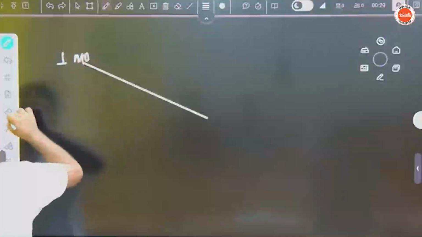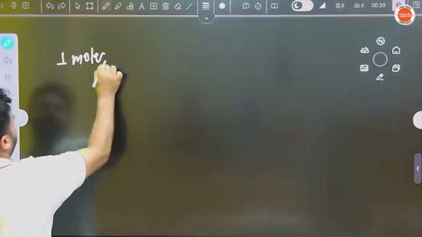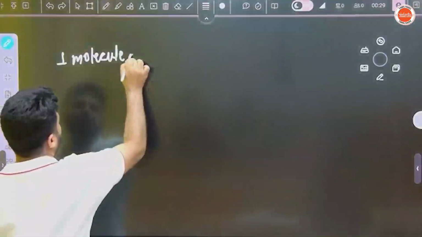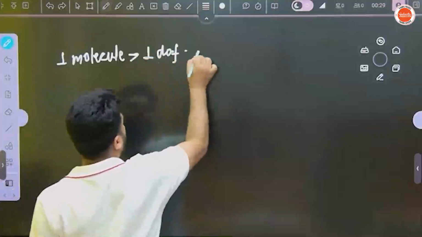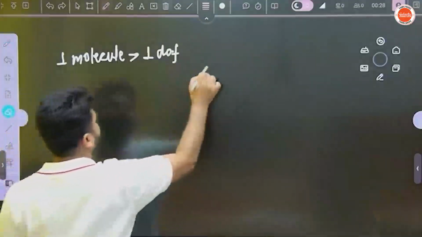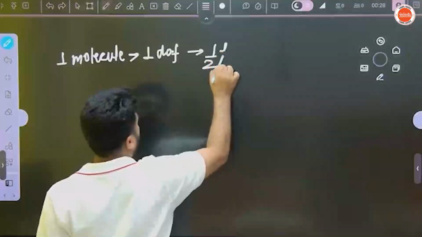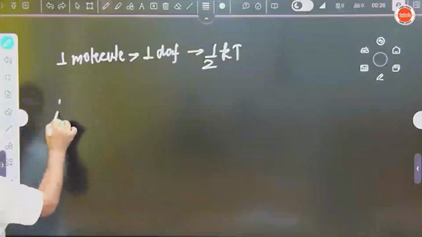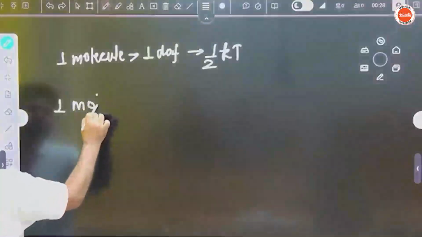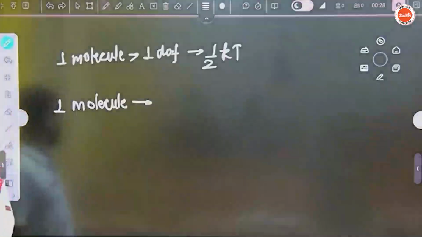For one molecule with 1 degree of freedom, the energy is half kT. This is from the law of equipartition of energy.